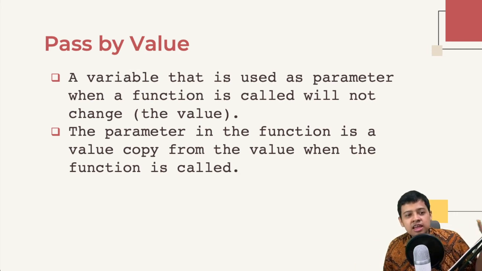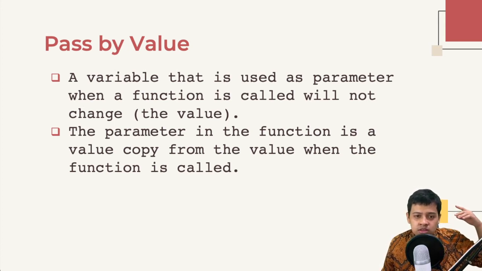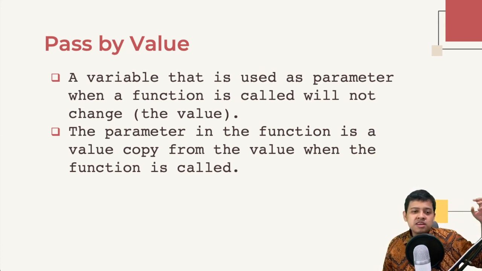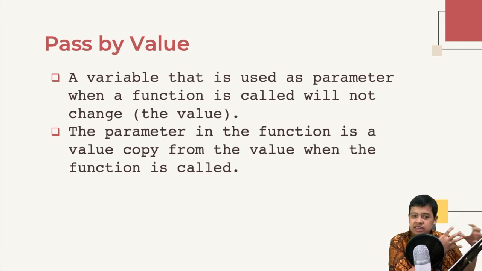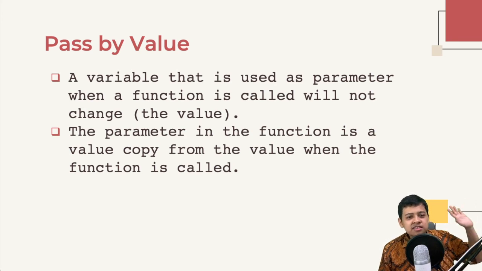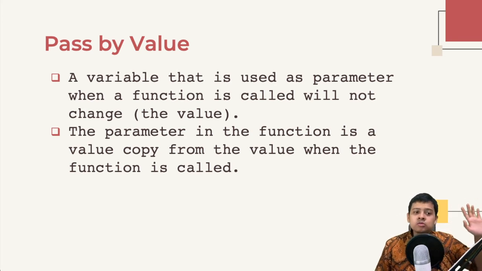It does not have effect on the root variable. So the variable itself is not changing because the parameter in the function is a value copy. The function will just copy the value of that parameter and then use it inside of the function. We just copy and then we leave that variable alone.